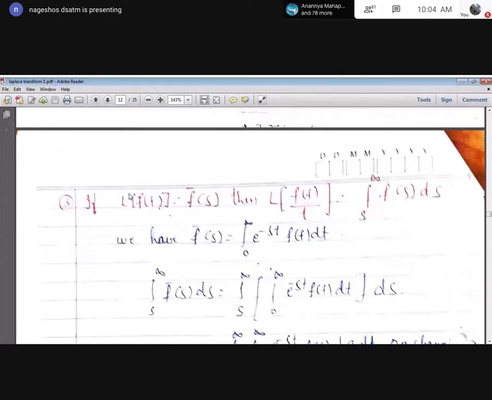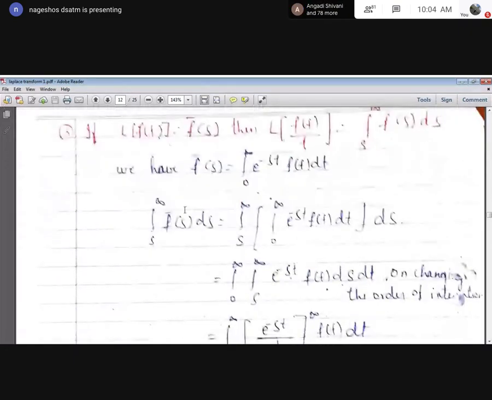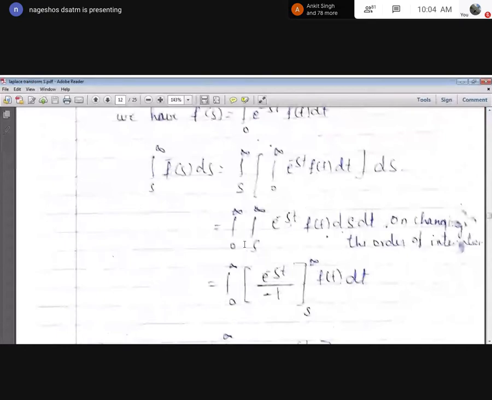First take f bar of s. F bar of s is integral 0 to infinity e power minus st f of t dt. Now take limits of integration from s to infinity, so s to infinity, again 0 to infinity, this whole term as it is, ds. On changing the order of integration, the value won't change. So change the order: e power minus st f of t ds dt.